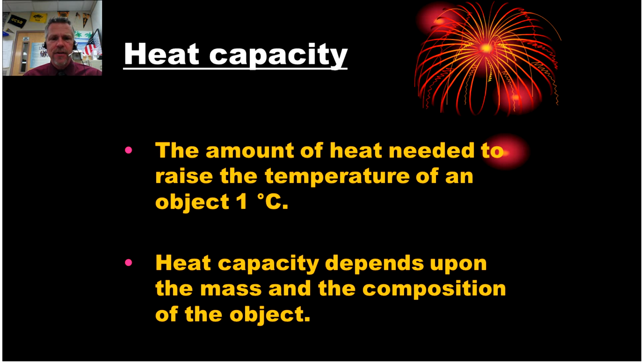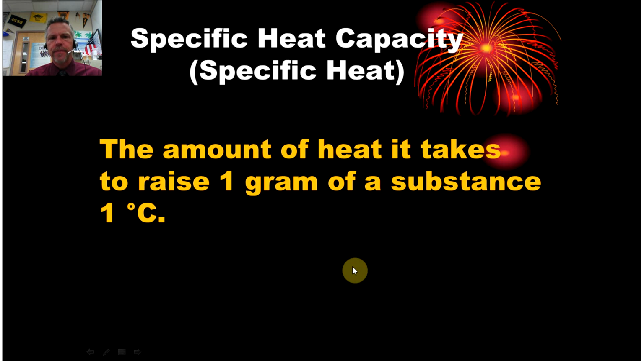Now, if you think about it, that just makes sense, because heat capacity is how much heat you have to add to something to raise its temperature by a degree. Well, if you've got 10 grams of something, it's going to require more energy to raise that temperature than if you had 1 gram of something. So hopefully that makes sense. We do have a measurement that is independent of mass, which is important.